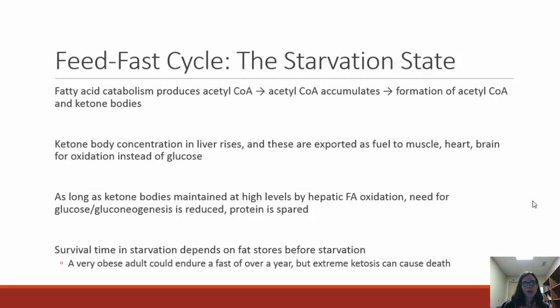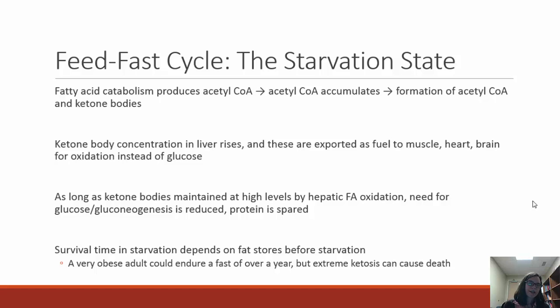Now, as ketone body levels rise in the liver, these can be exported as fuel to our peripheral tissues for oxidation instead of glucose. So as long as our ketone body levels are high due to fatty acid oxidation, the need for glucose and gluconeogenesis is reduced, and therefore our protein is spared.